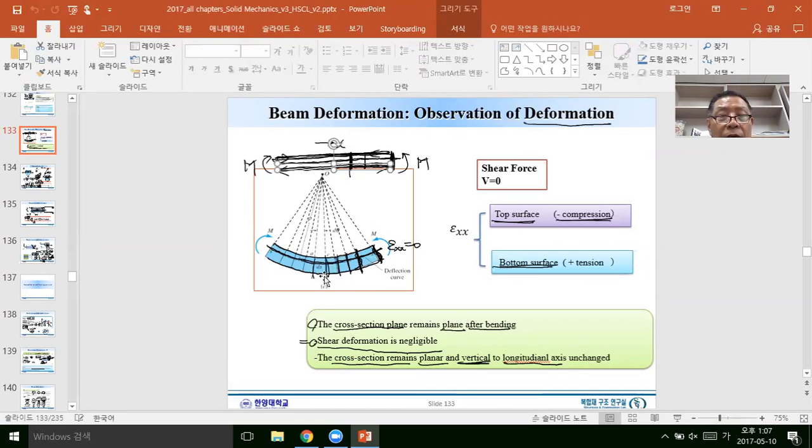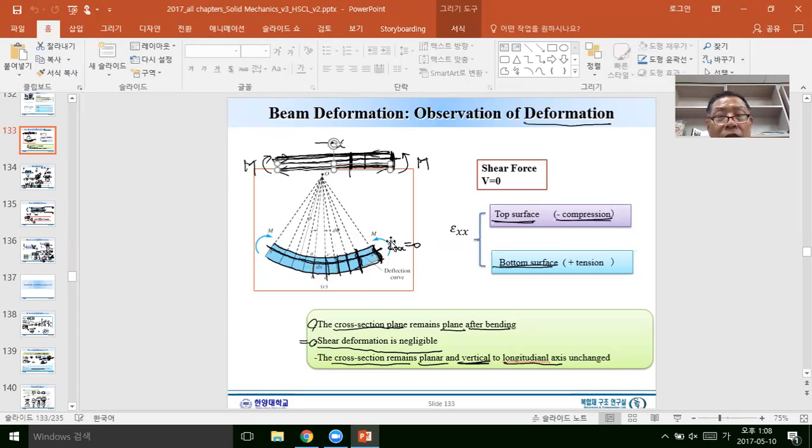there should be some internal moment. At any cross section, we will have another constant moment so that this part of the beam is in equilibrium.